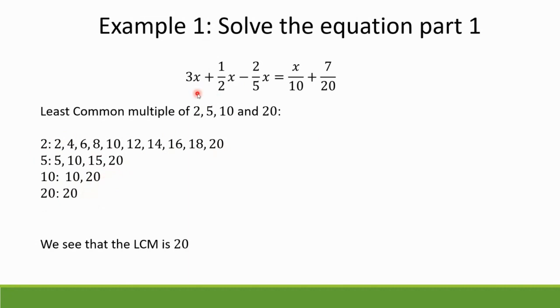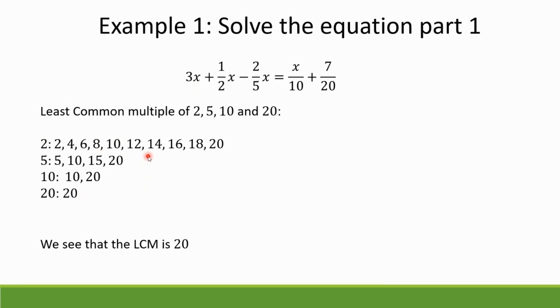I know 1 is technically a denominator here, but let's ignore it; it's not going to help us. So the least common multiple is 20.